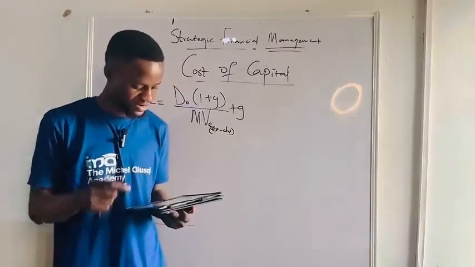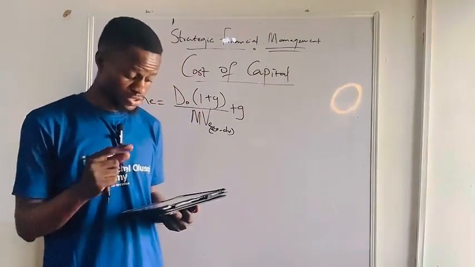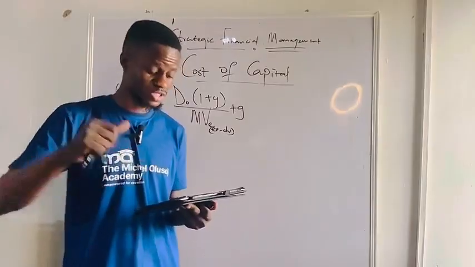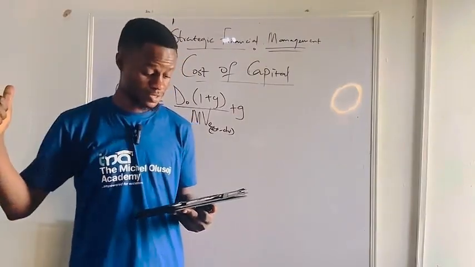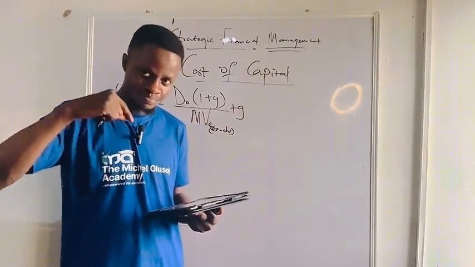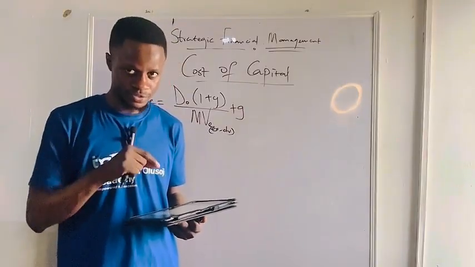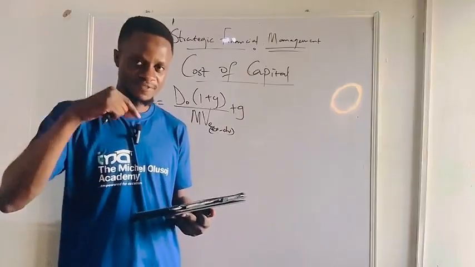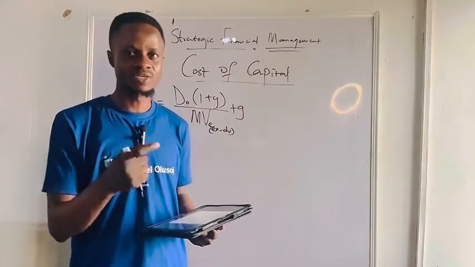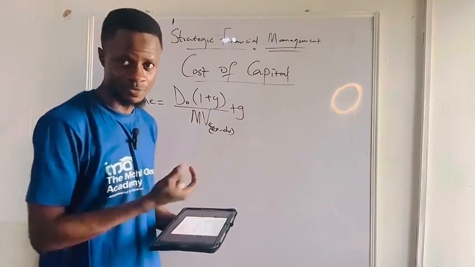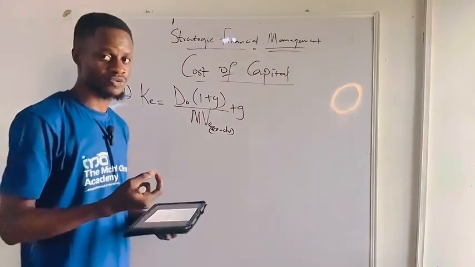So let's find out those parameters. The question gave us the dividend for last year, so we need to determine the dividend for this year, and thank God we have growth that will make us determine the dividend for this year. Then when we get that dividend, we will remove it from the market value of equity. It's simple.